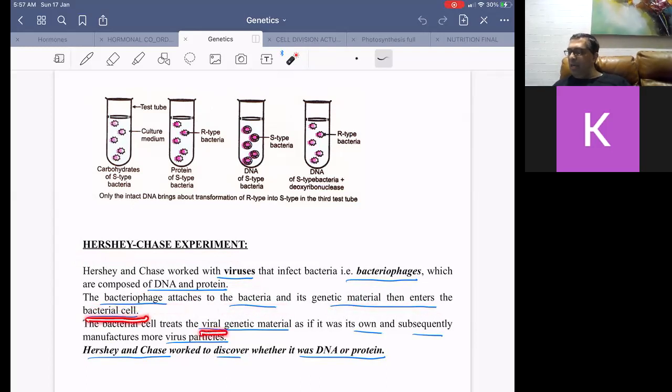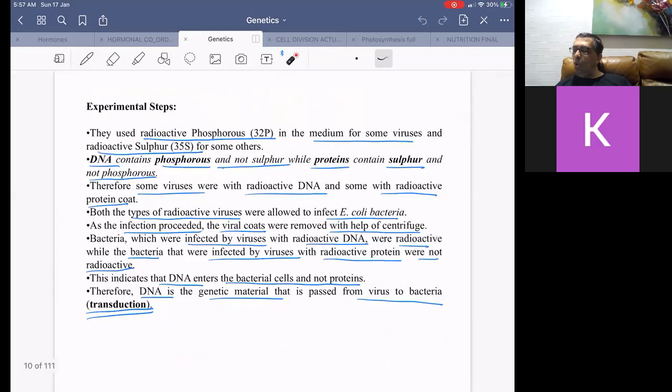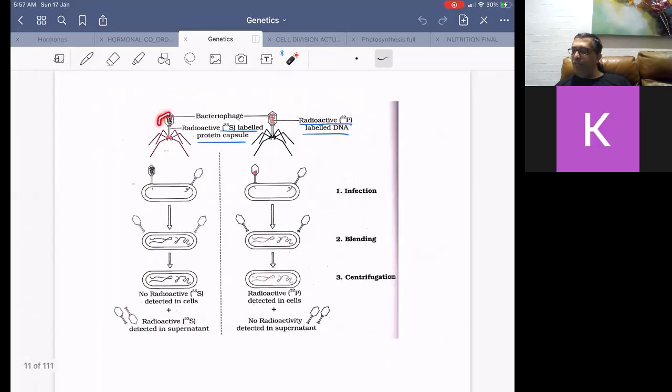The bacterial cell treats the viral genetic material as its own and subsequently produces more virus particles. So, this is a bacteriophage, and this RF sir will teach you in diversity of life. When it attacks a bacteria, it passes its genetic material inside.